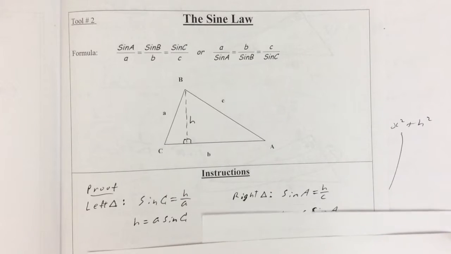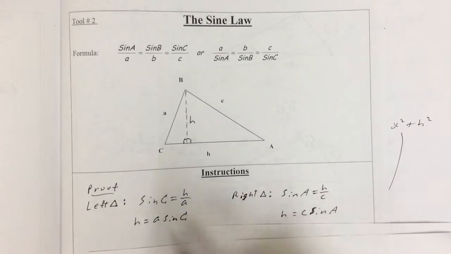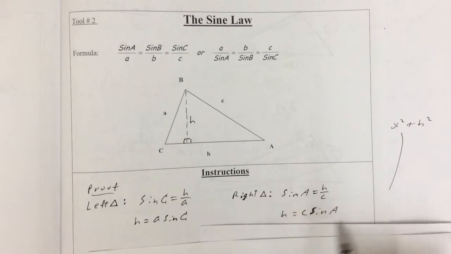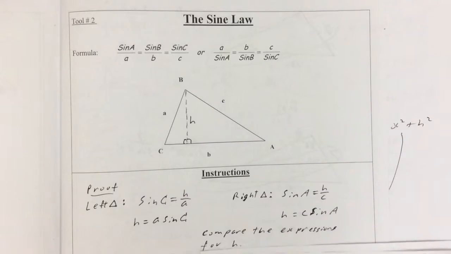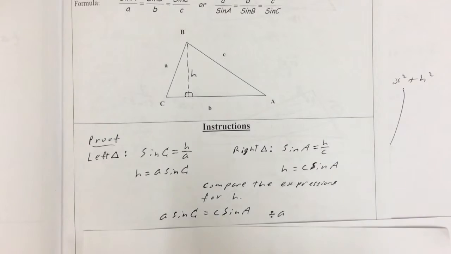And now we can bring the c up, so that we get h equals c sine A. So now we have two equations with h in it. We can compare them, since this equals h and this equals h in the same triangle. We can just get rid of the h's. And we've got this formula now.